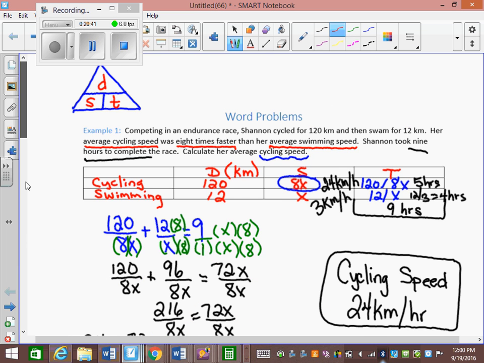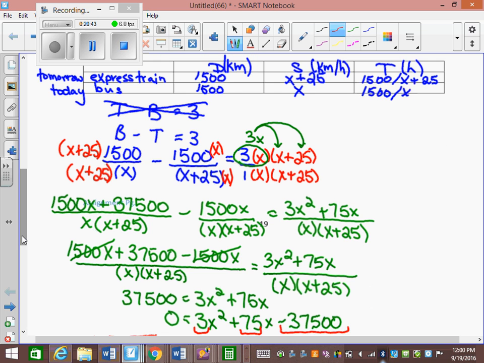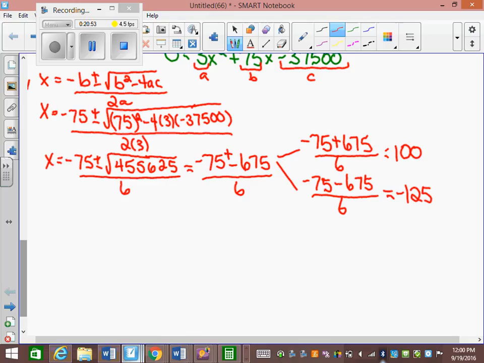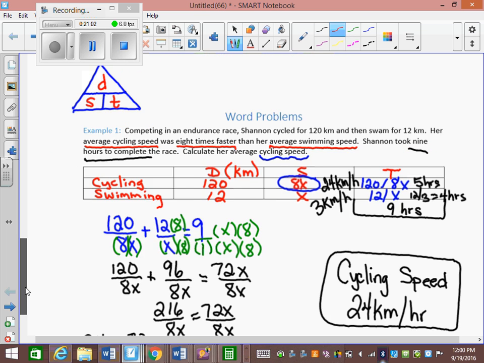So this is x here. x represents the speed of the bus. There is no way that the bus can go 125 kilometers per hour. So we have 100, and then we have to answer what the question is asking us.